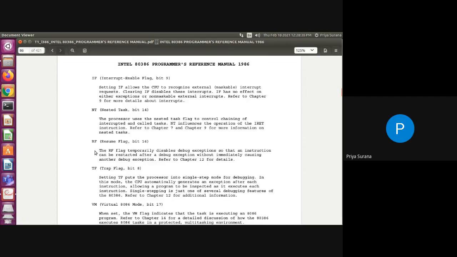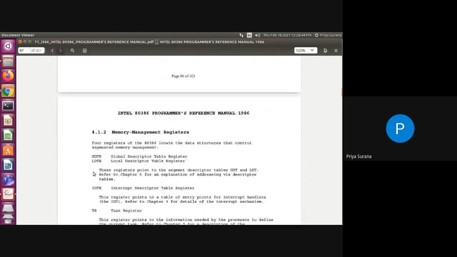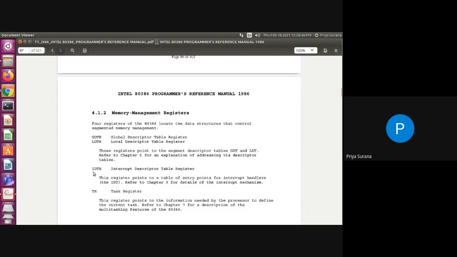Now, the memory management registers are nothing but GDTR, LDTR, IDTR, and task register. Long forms you must be aware of: global descriptor table register, local descriptor table register, interrupt descriptor table register, and task register.